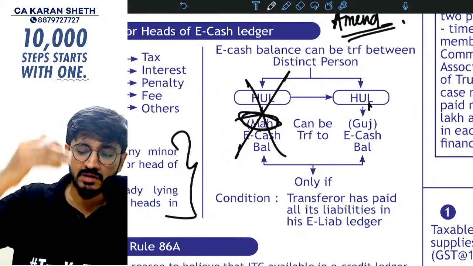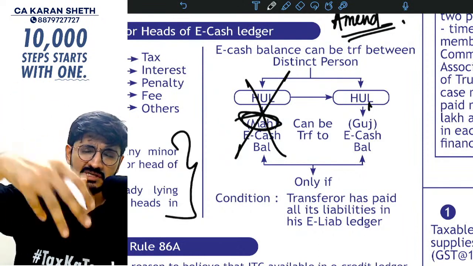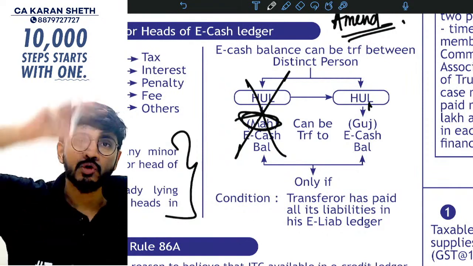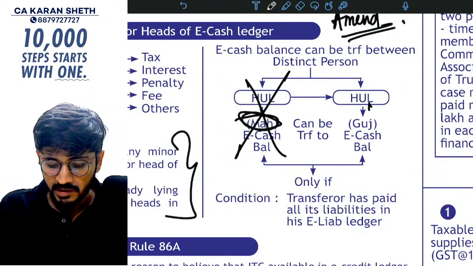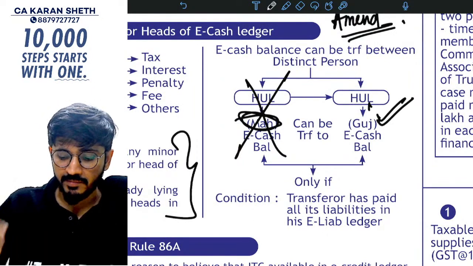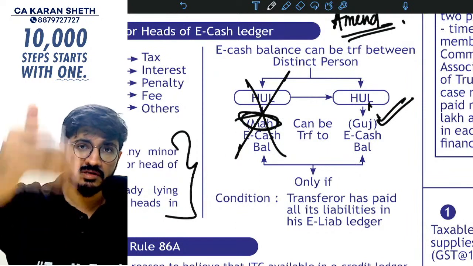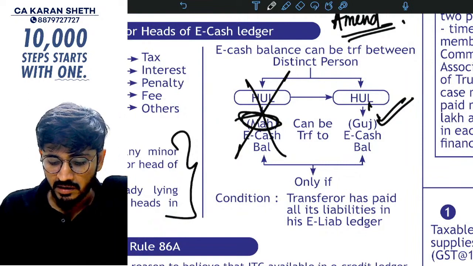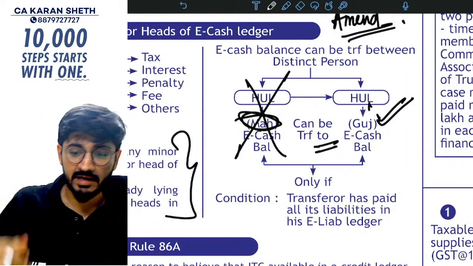You can transfer the balance between distinct persons. Distinct person is a concept we will cover in the supply chapter. That only means that it is your branch. So you can easily transfer this to your another branch in the same state or in another state, which frankly was not possible before.